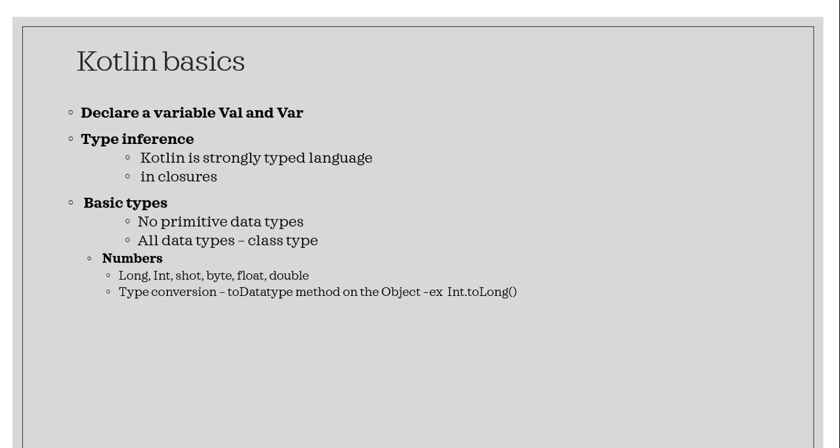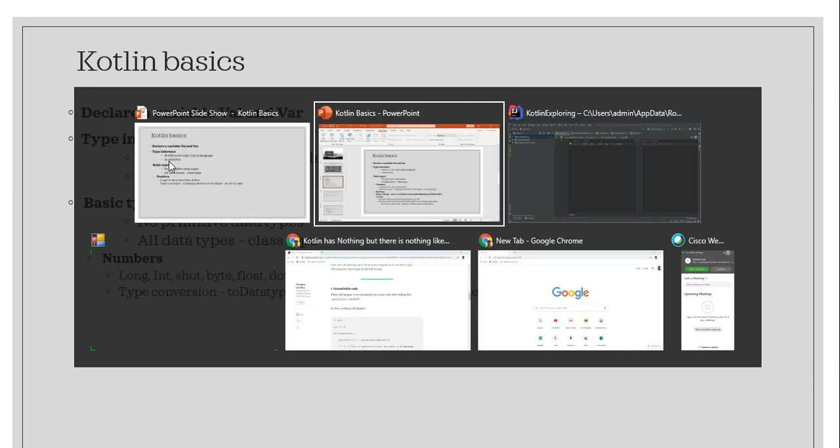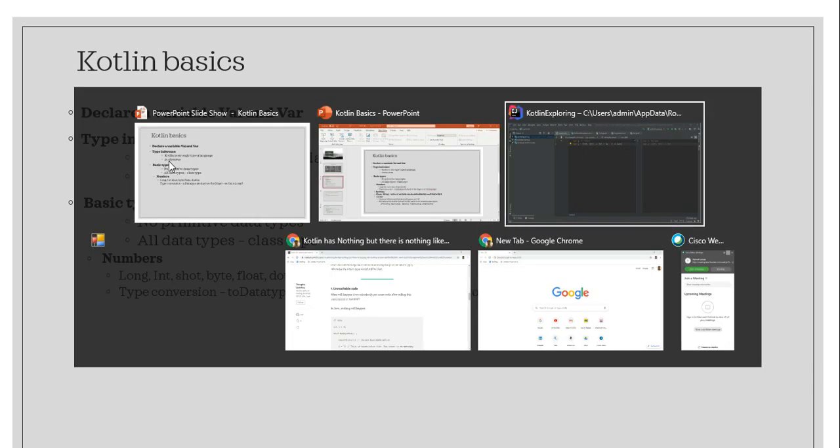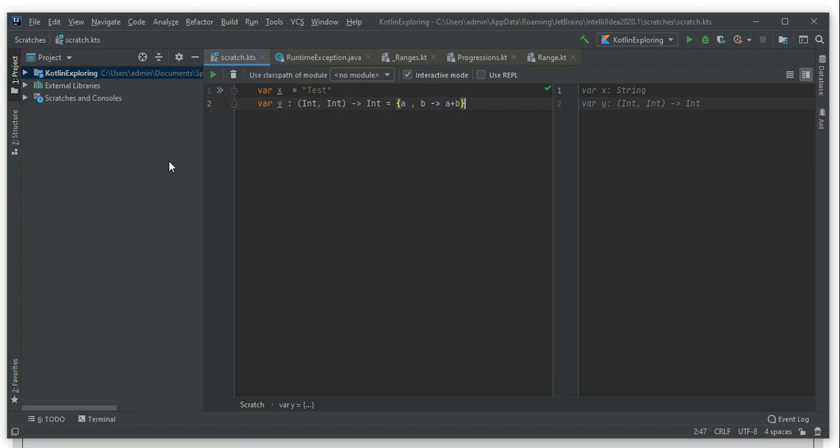Now, type conversion. How do we convert from Long to Int, Short to Byte, and Float to Double? Since Long is a class data type, it has methods to convert into another type.